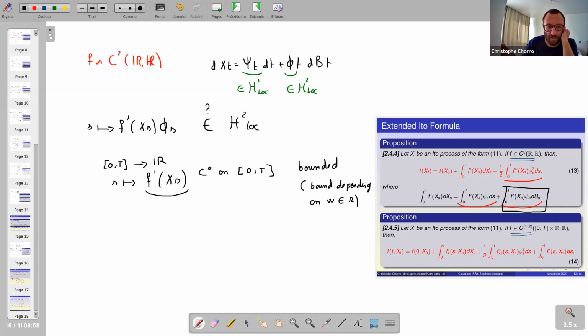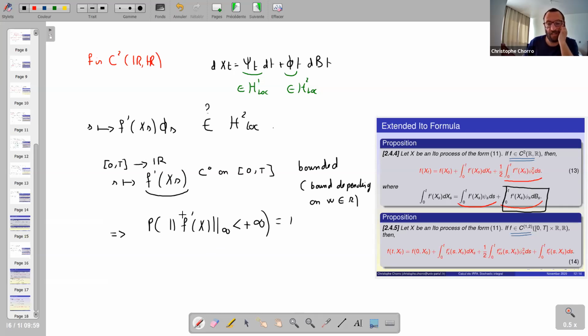So it implies that the probability that f prime of Xs is finite is equal to 1. And in fact, more than this, I can write it this way: the probability that the supremum, I can take the infinite norm here, is finite is 1, because I have something that is bounded.